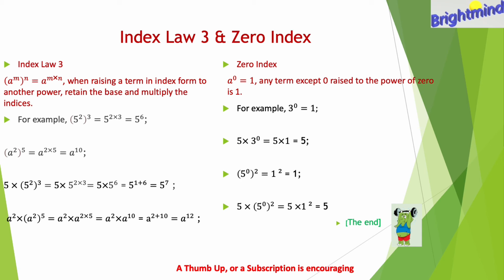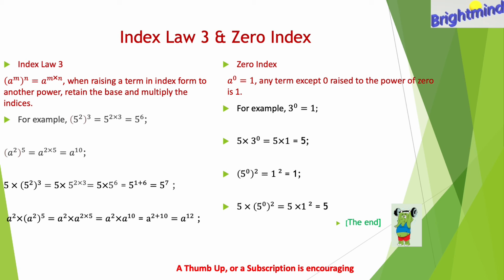We look at the last example, a to the power of 2 multiplying, bracket, a to the power of 2, bracket to the power of 5. Firstly, we use index law 3 to calculate the second part. a to the power of 2 raised to the power of 5, we keep the base a, multiplying the powers, 2 multiplying 5, we get a to the power of 10.